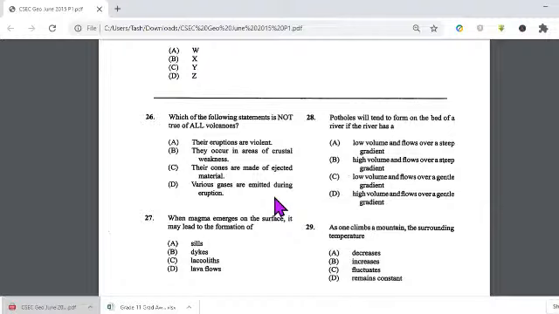So for 27, we are seeing sills, dikes, laccoliths, and lava flows. Sills, dikes, and laccoliths are all intrusive features. So our only extrusive feature that is there is going to be letter D, which is lava flow. So for 27, our answer is going to be D.